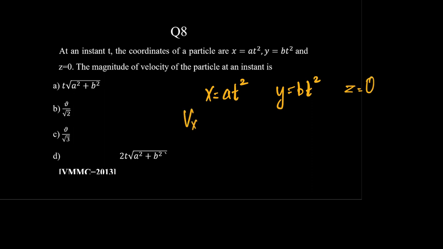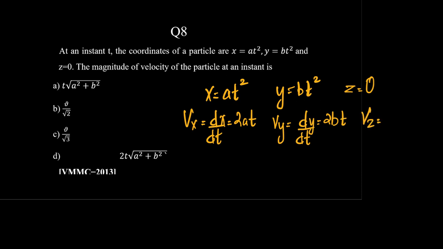So what is Vx equal to? Vx is equal to d by dt of x, which is 2at. What is Vy equal to? d by dt of y, which is equal to 2bt. And what is Vz? It is 0.